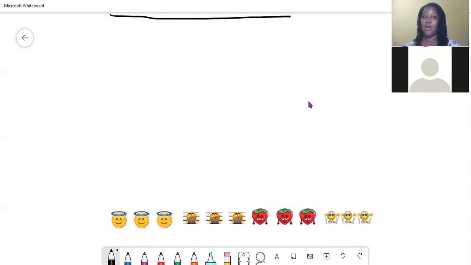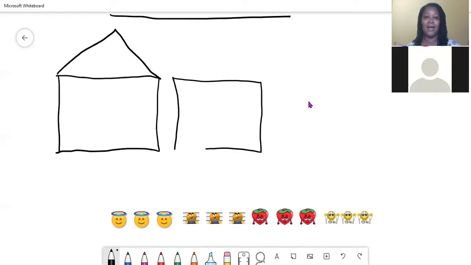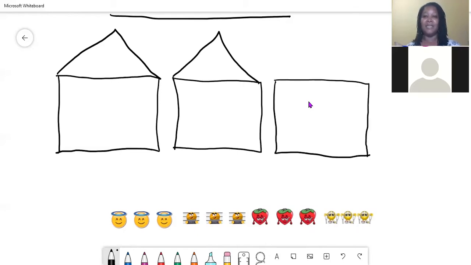So we have three houses, three casas, tres casas for the three families. Casa número uno, casa número dos, casa número tres. Tres casas in this community called verbos.